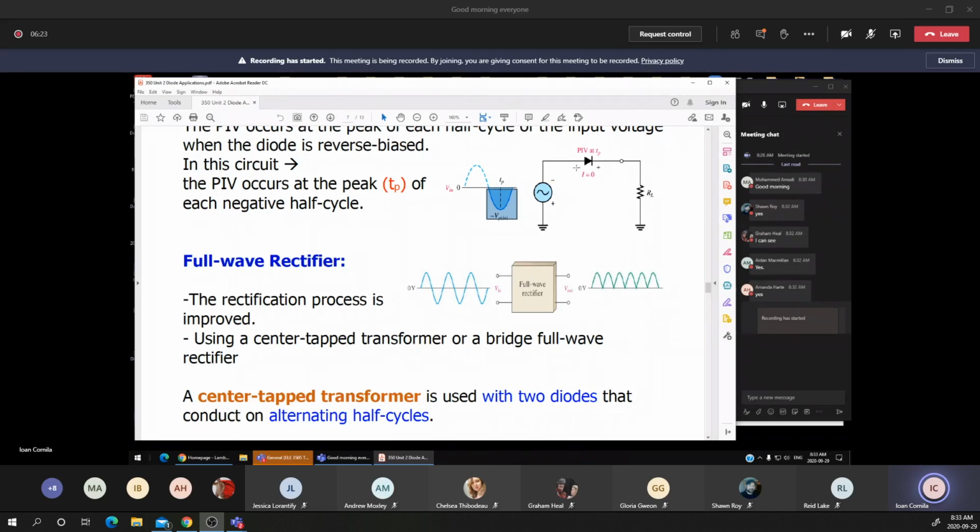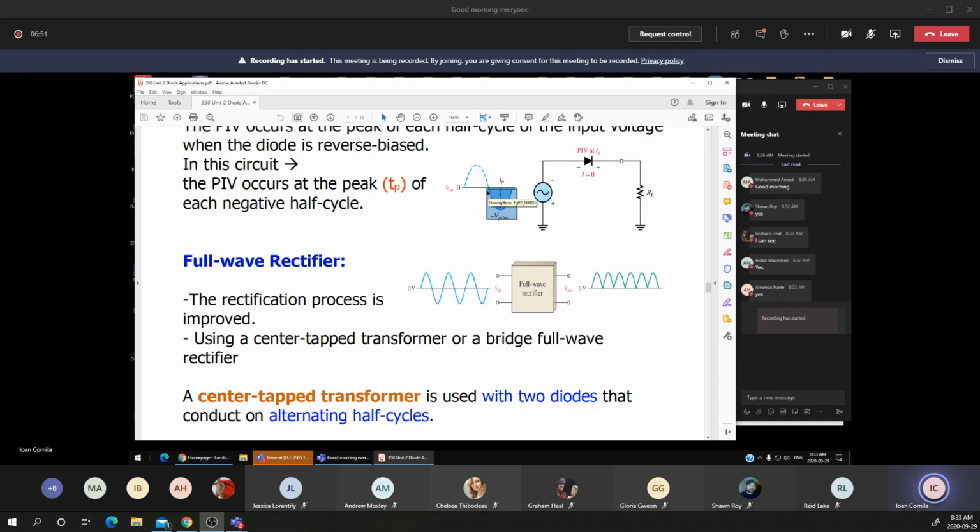In terms of the power supply, or the amount of DC voltage, the average voltage supplied to the load resistance, the V out, is pretty small. It's about 0.317 of the peak supplied voltage.